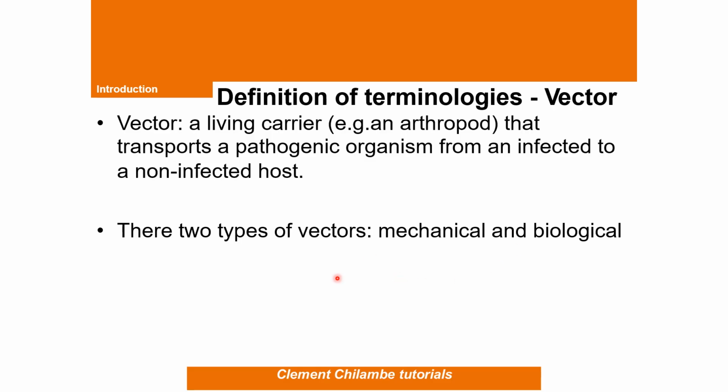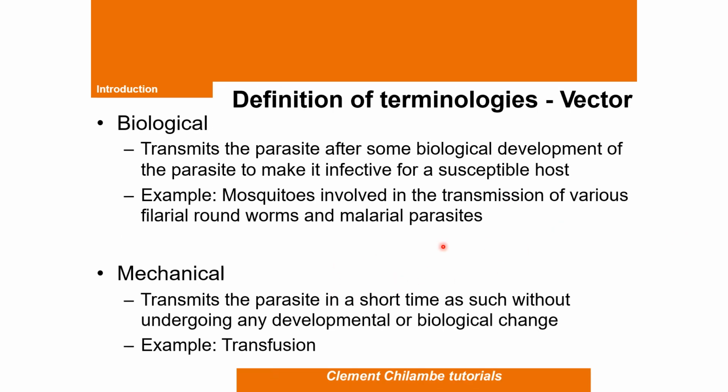Then there are two types of vectors: mechanical vectors and biological vectors. Remember, we're discussing terminologies, and we just reached vectors, and maybe we'll talk about the host as well. So the biological vector transmits the parasite after some biological development of the parasite to make it infective for a susceptible host.